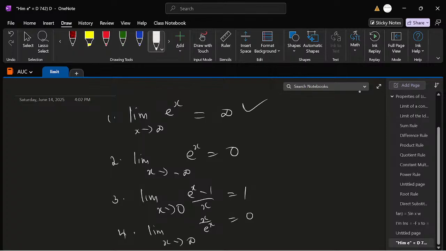These are very easy to recall. If you plug in this, you get infinity. Negative infinity will give you 0, and this, if you plug in x, you get 1. Okay, so let's look into the last one, and that will be the end for now.